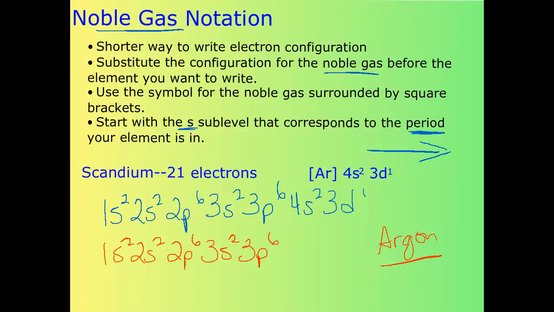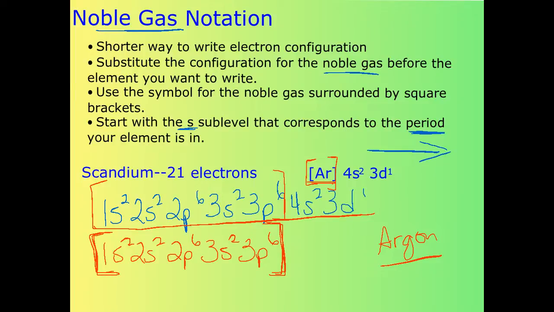This is the electron configuration for argon. Notice that up until the 3p6, it is exactly the same. So instead of writing out all of the configuration for scandium, I'll take the symbol for argon, put it in square brackets, and that represents all of the configuration of the element argon.